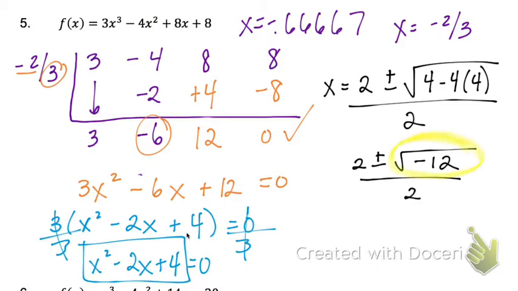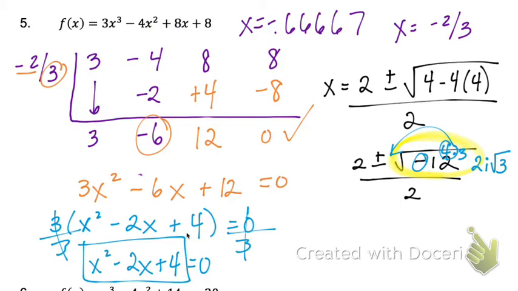If I were to simplify this first, obviously I pull out the negative, and then can I pull out any perfect squares? 4. That leaves me with 2i square root of 3. I took out an i, and this is 4 times 3, so I pull the 4 out front to be a 2.